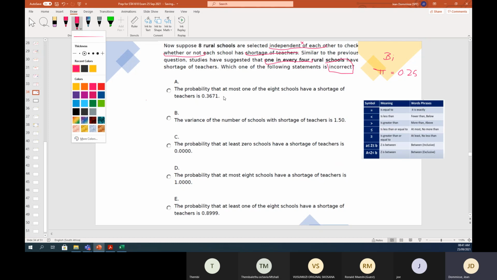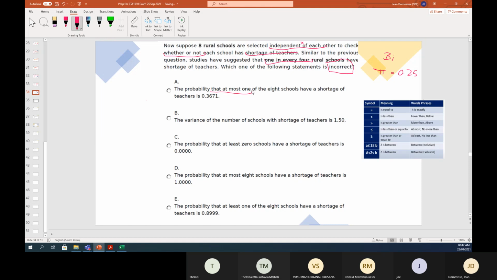So the probability that at most 1, probability smaller or equal to 1. The variance formula is basically n times pi times 1 minus pi. That will be the variance.